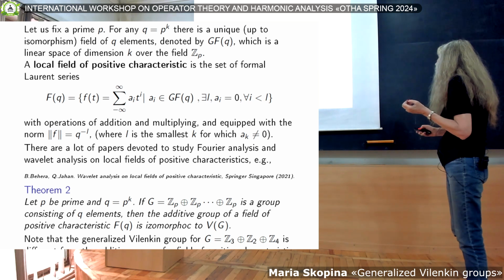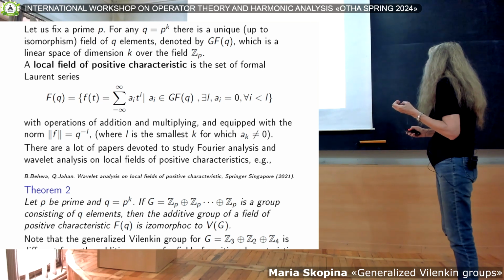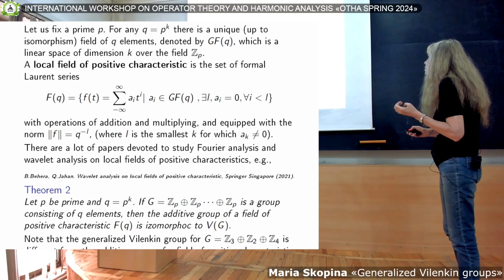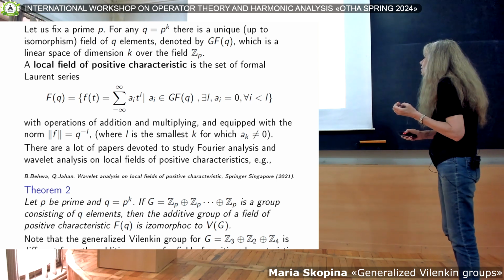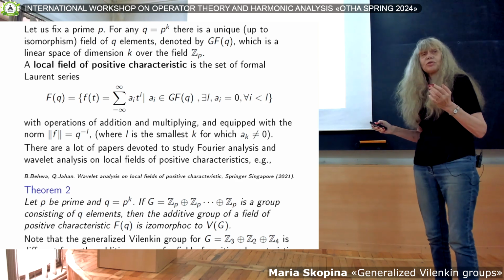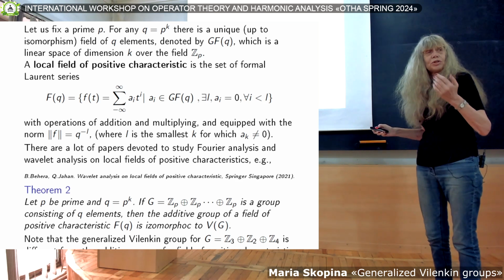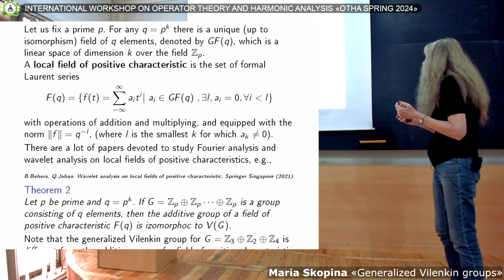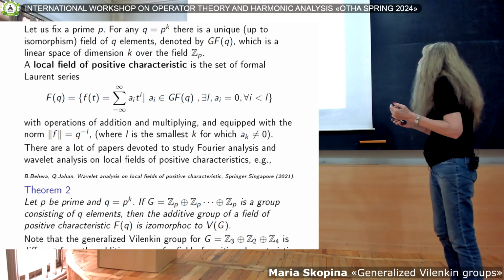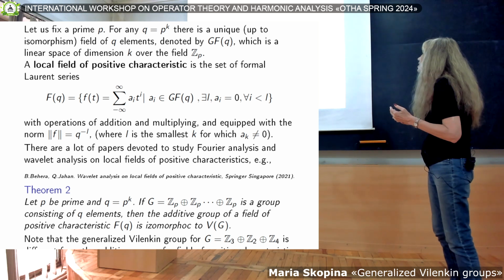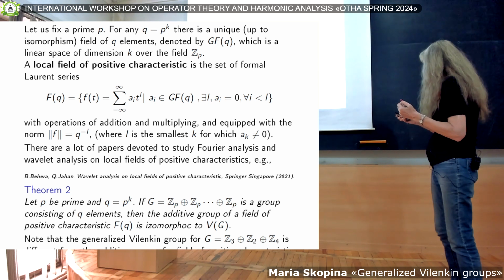There is the following example. If G is such a group, this is a fine abelian group, but for this group there is no field of positive characteristic for which this is the additive group.